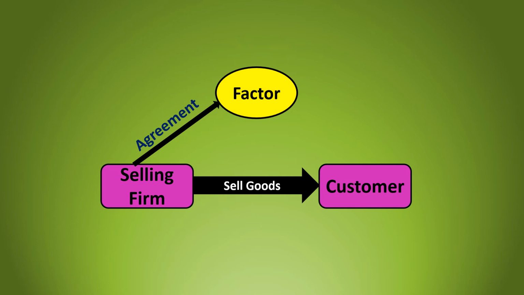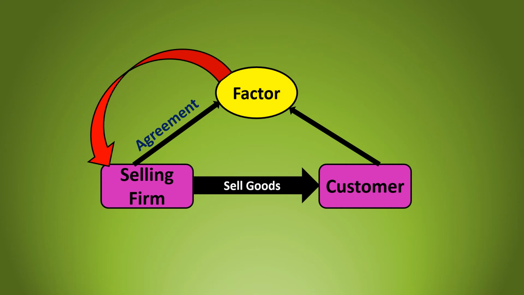So the customers are instructed by these sales documents to pay to the factor firm at the date specified in the sales document. And the sales document is handed over to the factor also. When the payment is received by the factor from the customer, the account of the selling firm is credited by the factor after deducting its fees, charges, interest, etc., as agreed.